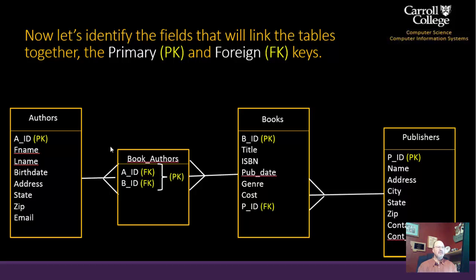Now, with that, let's go ahead and identify the primary keys and the foreign keys. Again, with our associative entity now in there, remember that wasn't part of our initial design, but that has to become part of it in order to make a working database. So AID is the primary key. AID in book authors, foreign key. BID, foreign key to a primary key in books, BID. Now, in book authors, because it's an associative entity, you have multiple foreign keys that can become a primary key together.